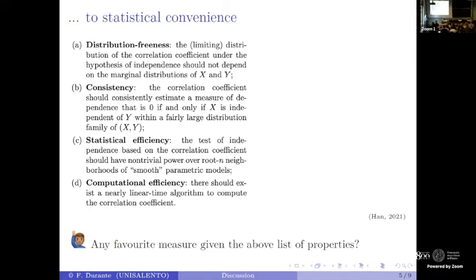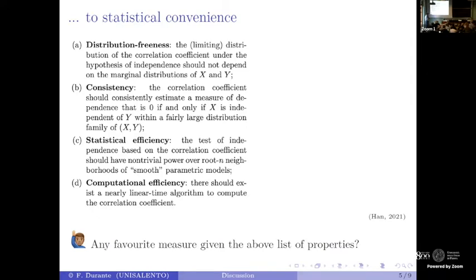The other three properties are somehow more fundamental. In particular, the issue of consistency. For most, I would say almost all, of these association measures, under independence the measure is 0, but the other way around is almost never true.